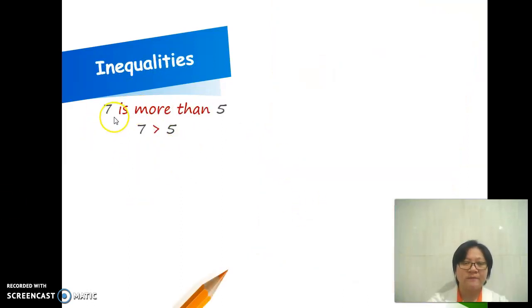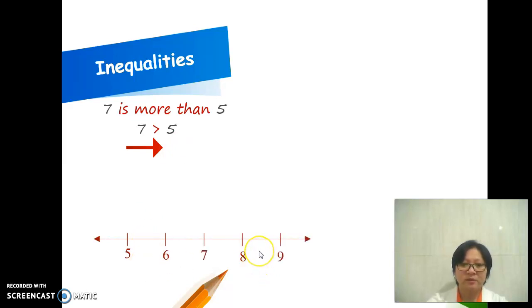As you can see, the symbol for more than is this. For example, 7 is more than 5. The inequality symbol looks like an arrowhead that's pointing to the right, tells you to go to the right. If I use a number line or x-axis, because I'm going to use horizontal movement to illustrate the inequality.